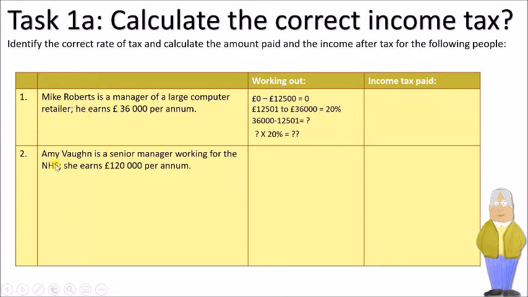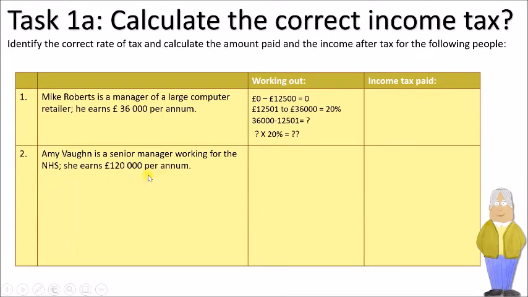Here's Amy Vaughan. Amy Vaughan is a senior manager working for the NHS. She earns 120,000 per annum. So she's one of the big earners, so we've got a little bit more to work out. We've got more slices of the salary for Amy to work out what each one is, to work out her total income tax bill.